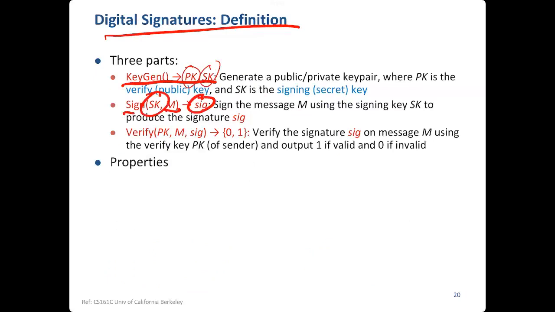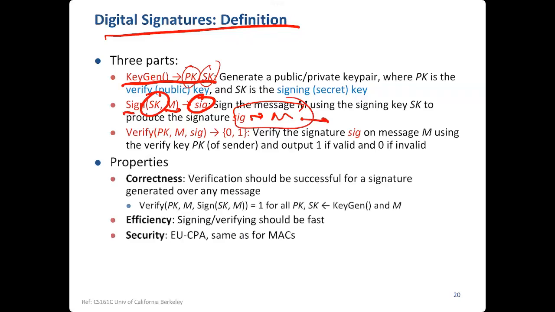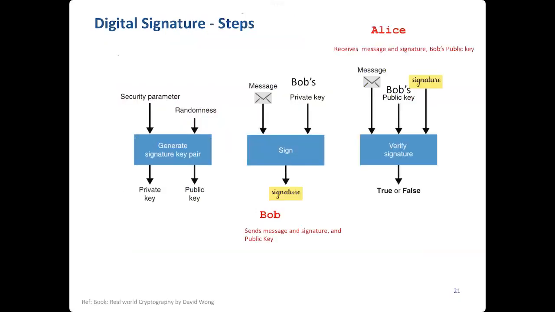She sends the signature along with the message to Bob, and once Bob has received this, since he has the public key of Alice, he can verify this. So these are the 3 properties: correctness, efficiency, and security. It's the same thing that's depicted here, so I will skip this.